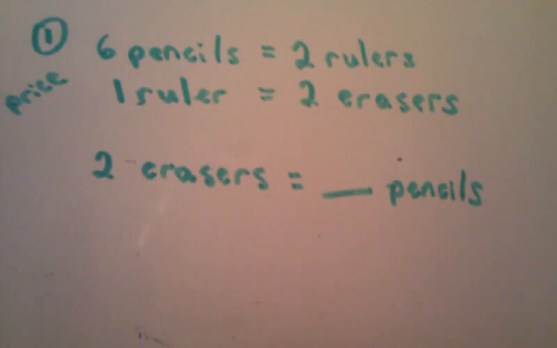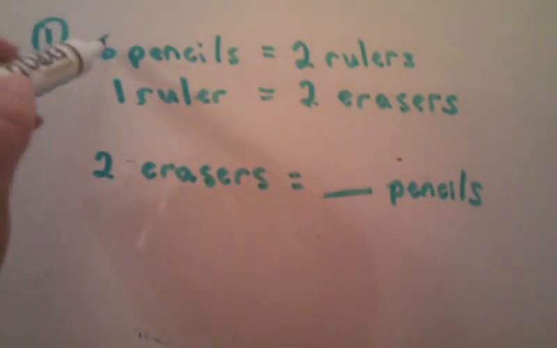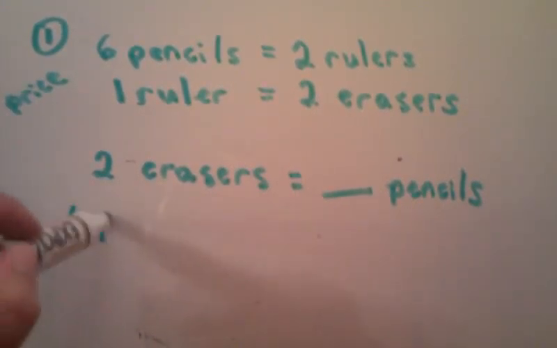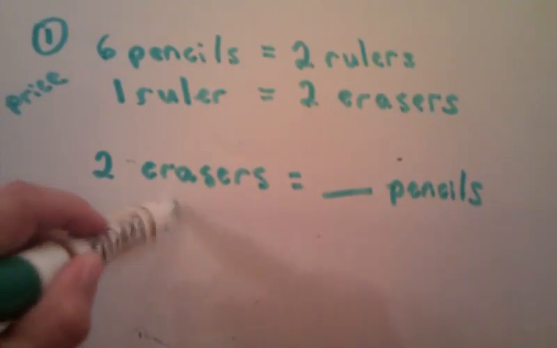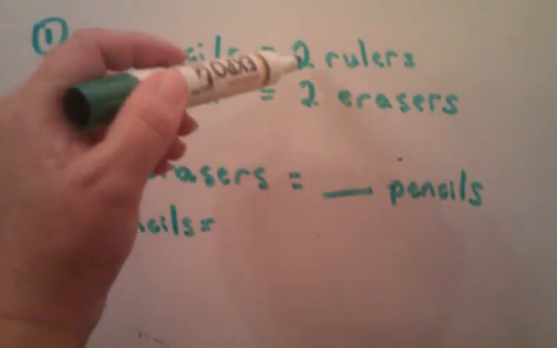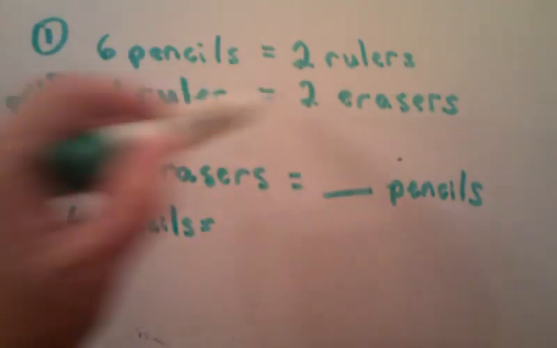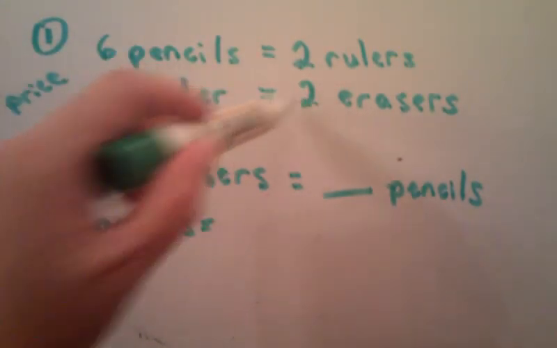Alright, let's look at it. We have 6 pencils, which I did a minute ago, I guess. 6 pencils equals 2 rulers. Each ruler is 2 pencils, right?